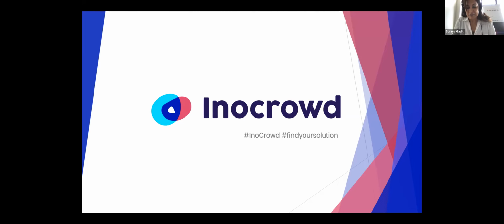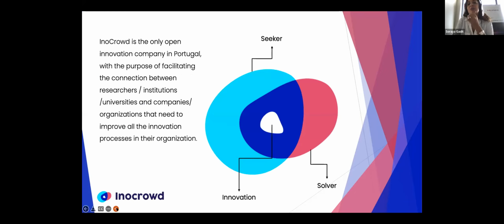So I found a way to develop a Web 2.0 platform to connect researchers from all around the world, and to put these researchers from all the universities in connection with organizations in order to accelerate innovation.